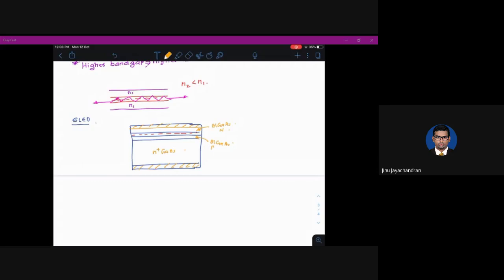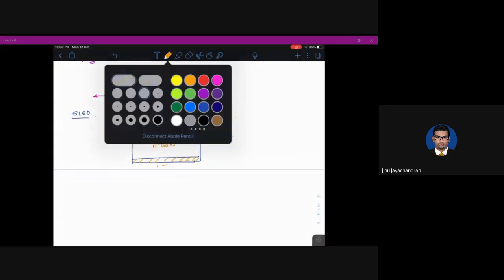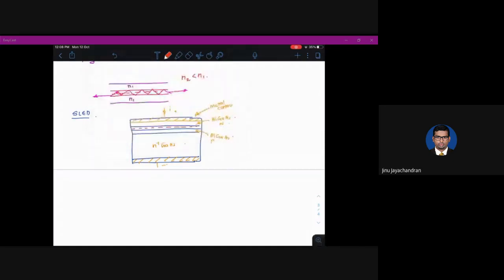Here you have the metal contact at the top and the bottom. You can give current through this, so this is positive, this is negative. And the metal contact is all over the body, so whatever light is emitted from this active region will be absorbed if it goes up or down.